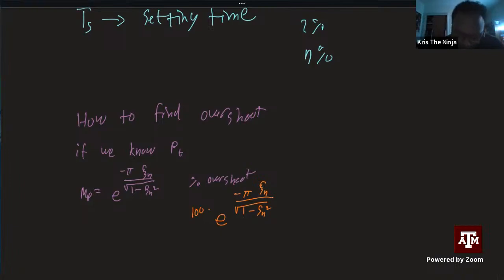For settling time, do that in blue. Usually you're going to be given a percent. You want a percent of settling time.